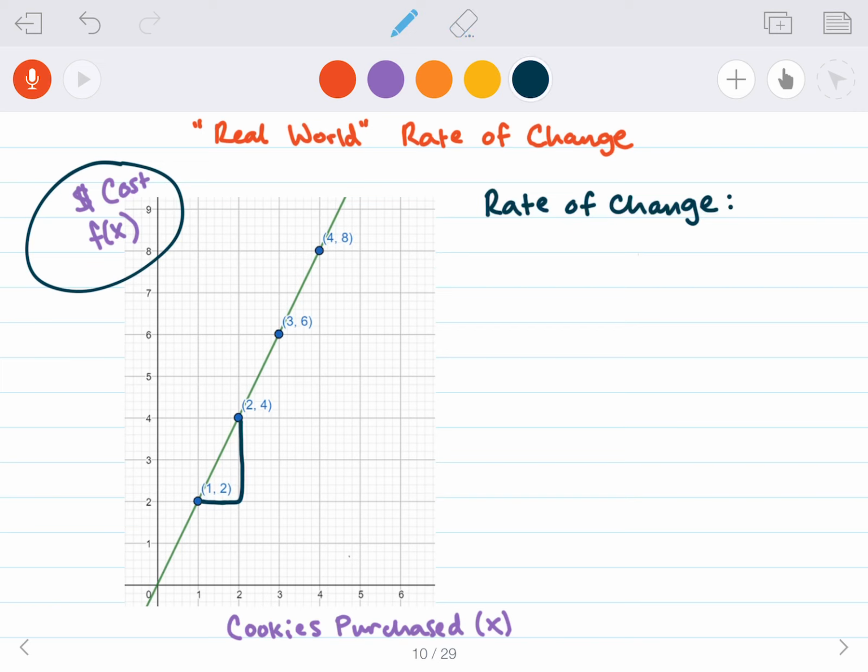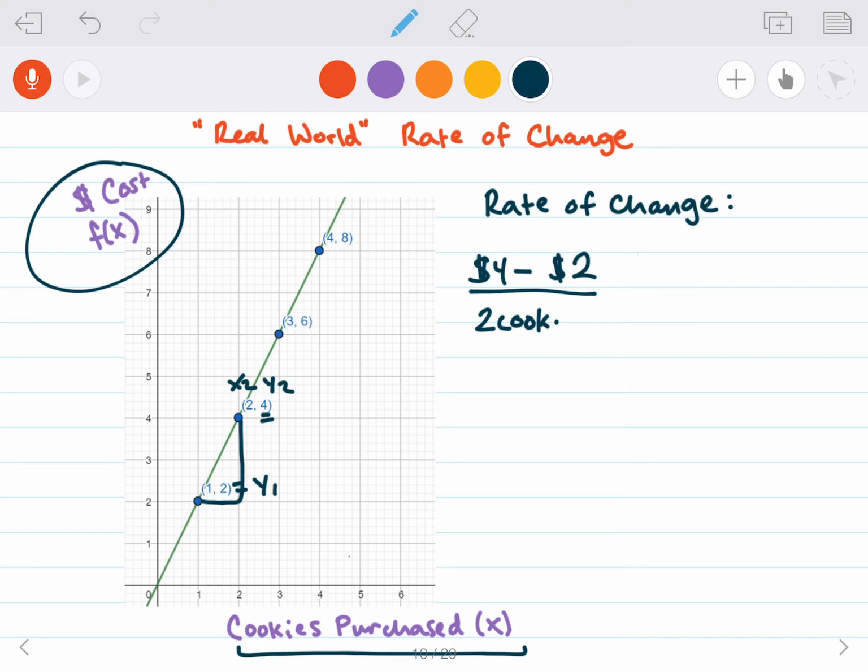So the rate of change here, if we start with this guy being y2 and this guy being y1, we have $4 minus $2 divided by x2, which is 2 cookies, because our x is cookies purchased. So 2 cookies minus our x1 value, which is 1 cookie.